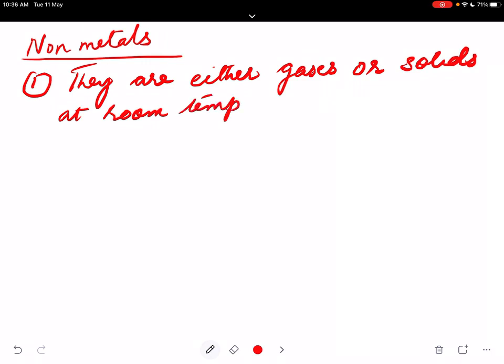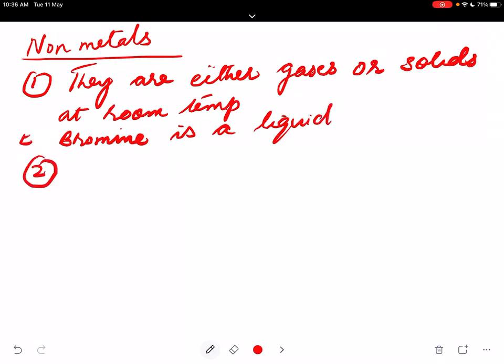Exceptions are there. Mainly exceptions are asked in the question paper. Bromine is a liquid. Number two, this is the exception: bromine is a liquid is an exception.